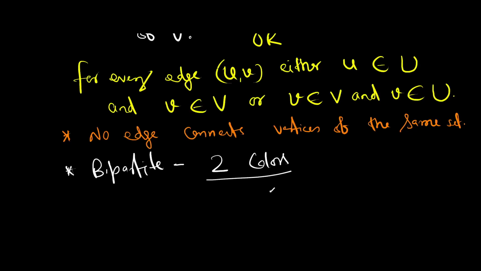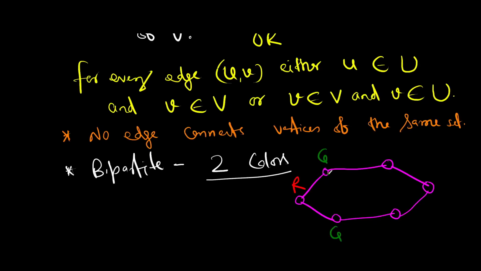So what we have to do? Suppose there is a graph. Let's take one graph here. This particular graph has six vertices, right? And suppose you want to paint these vertices with two different colors. One is red color and another is green color. So if a vertex is of red color, its adjacent vertices cannot be of red color.